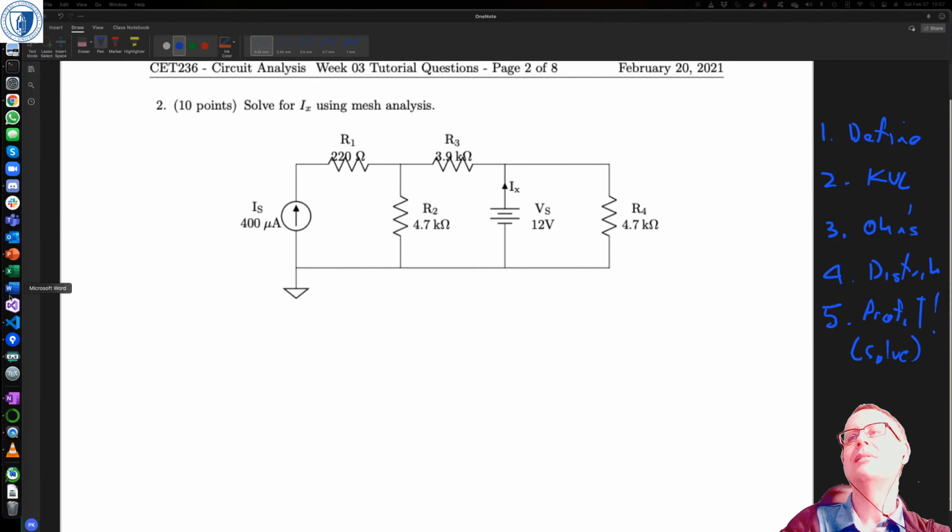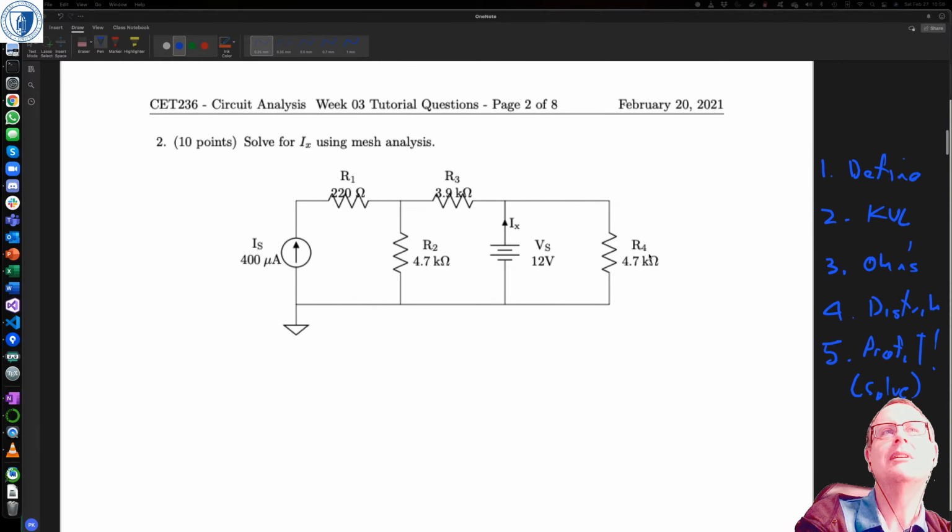Dead silence. Mehul Kumar, do you want to have a go? Yeah, but I'm a little bit confused right now. I can start with the I1. Yeah, let's just start simply with defining the mesh currents. So how did you define the mesh currents?